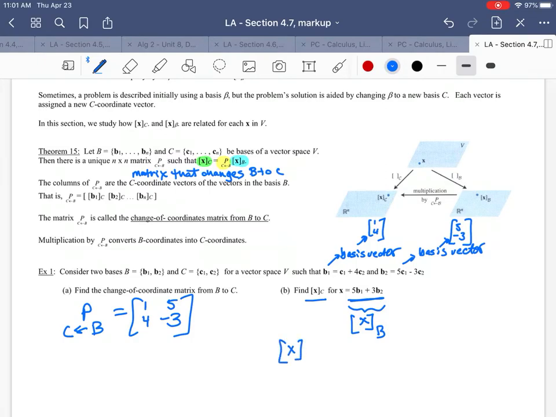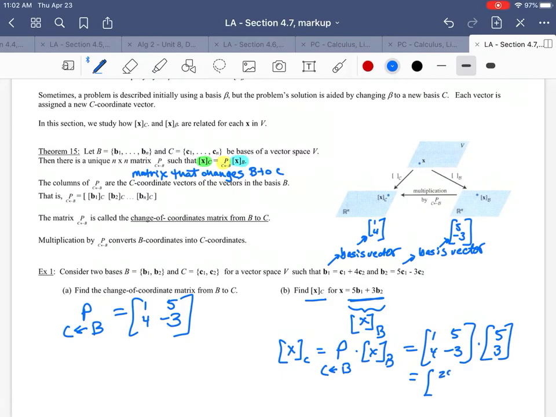So to find xC, I'm going to do my P of B to C, the matrix that we just found in part A. I'm going to multiply that by this vector that's in basis B already, and it's going to produce xC, the vector in the C world. So I'm going to take my 1, 4, 5, -3, multiply it by this 5, 3 that they gave me, and if I do the multiplication, I get 20 and 11.